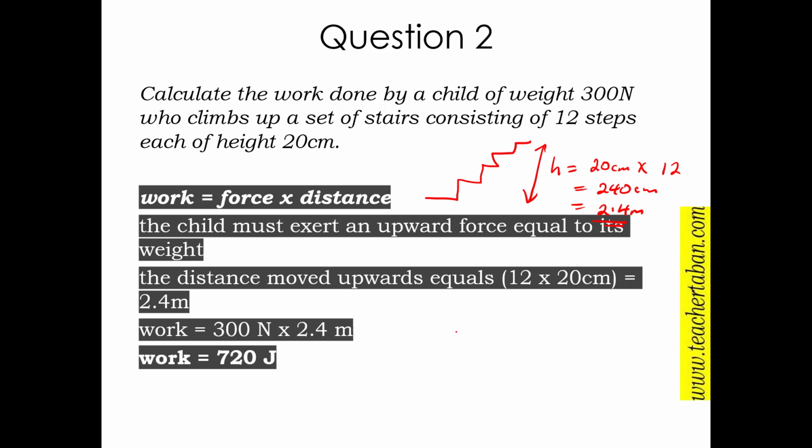Now here what you need to note as well is that where the force points, in this case the force is pointing downwards, and that is the weight. The height that is moved or the distance moved is in the vertical plane as well. So those two are in the same plane, in the same direction. So that's why we simply multiply the two.